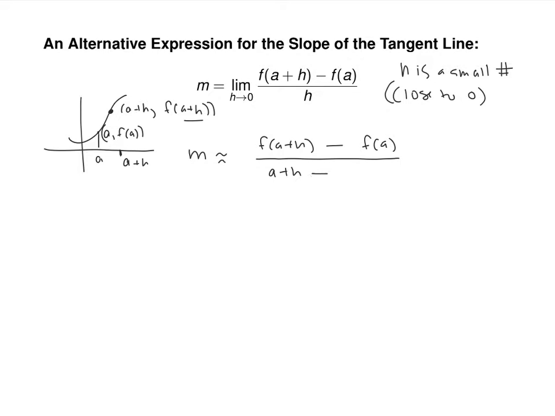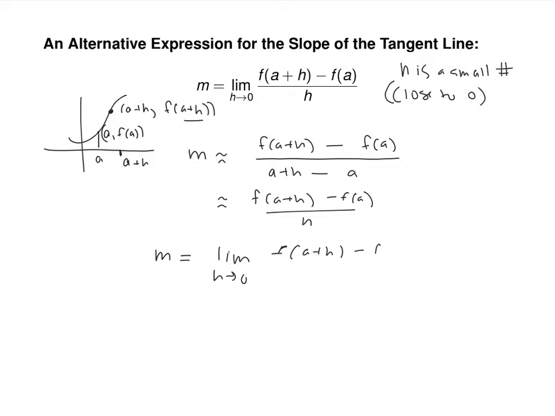Okay, you see that? So it is really the same thing, right? It's y2 minus y1 over x2 minus x1, but what happens to those a's? They cancel. So an approximation we have for m is f of a plus h minus f of a over h. And the way you get m exactly is you limit h to 0.